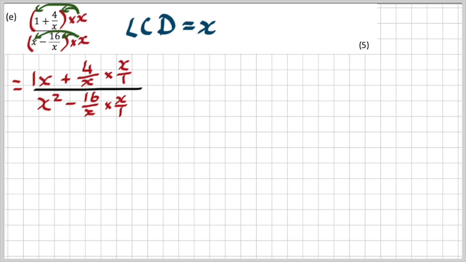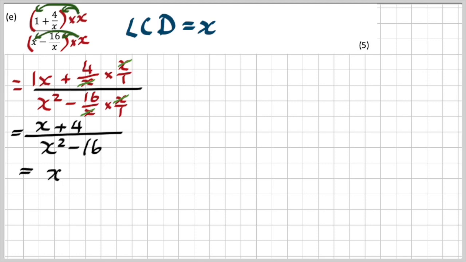The beautiful thing is that in 4 over x times x over 1, the x's divide away. The same with the 16 over x times x, which leads me towards having x plus 4 over x squared minus 16. That is so simple.